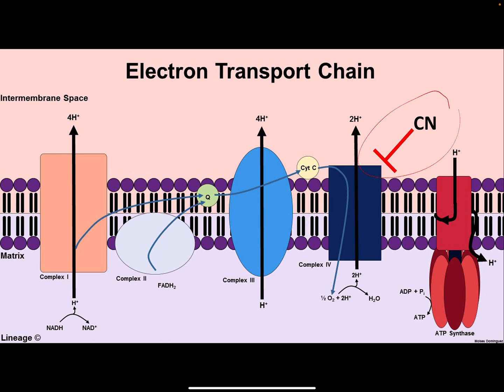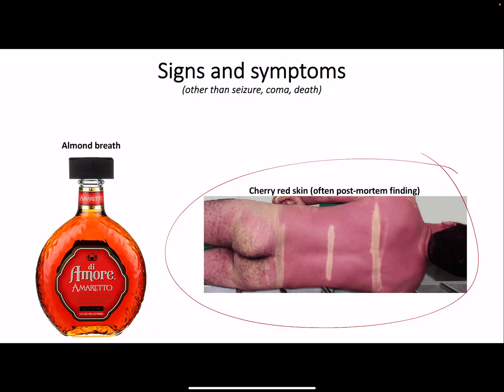Cyanide inhibits, maybe more strongly than carbon monoxide, complex 4. And if complex 4 is inhibited, that means I'm just going to have oxygen levels build up. So my tissue oxygen levels are actually going to be really high, which means when my blood flows through, it doesn't really want to drop off oxygen because the tissue oxygen level is really high, which means we're actually going to have a really high venous concentration, or venous saturation of hemoglobin.